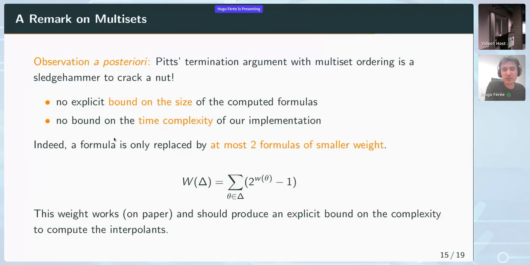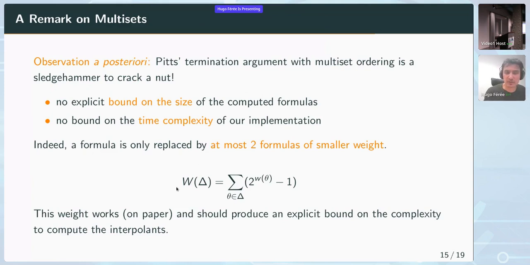A remark now: we realized after the fact, after implementing the proof, that the Pitts proof is a bit of a hammer. It's a bit too much for this construction, because it relies on the multiset ordering, which doesn't help us understand the complexity of the formula we build, nor the time complexity of doing this computation, which is at least exponential.